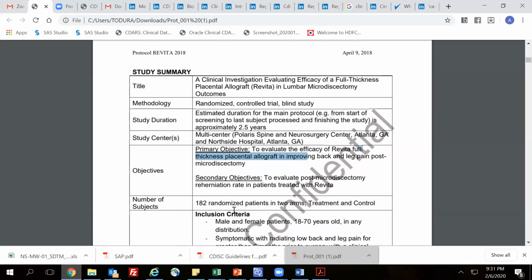So what is randomization? In clinical terms, it means drugs are given randomly to the subjects so that there should not be any bias. And arms are nothing but treatments: treatment and control.